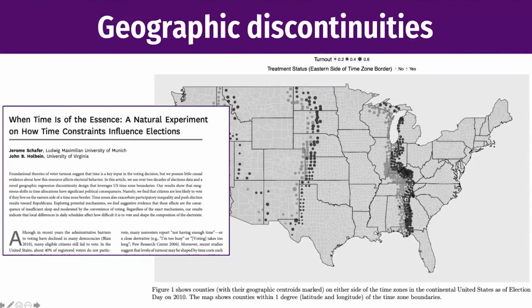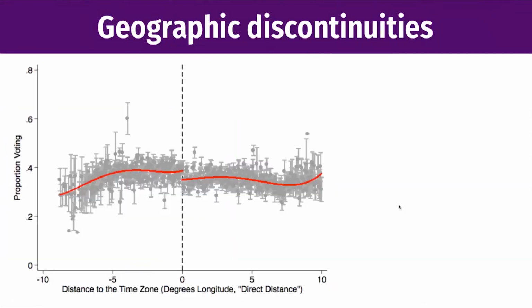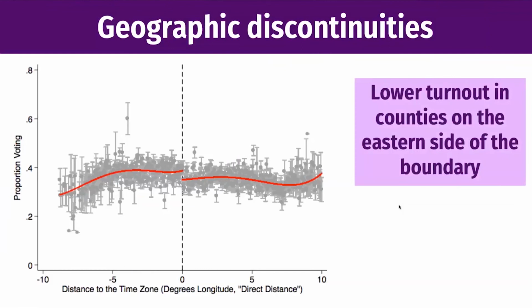So what they did is they looked at turnout, voter turnout in both of these districts on either side of that discontinuity. And they found that there's lower turnout in counties on the eastern side of the boundary. So if you are in eastern Alabama, there's going to be lower turnout there than western Georgia because it's an hour later in Georgia.